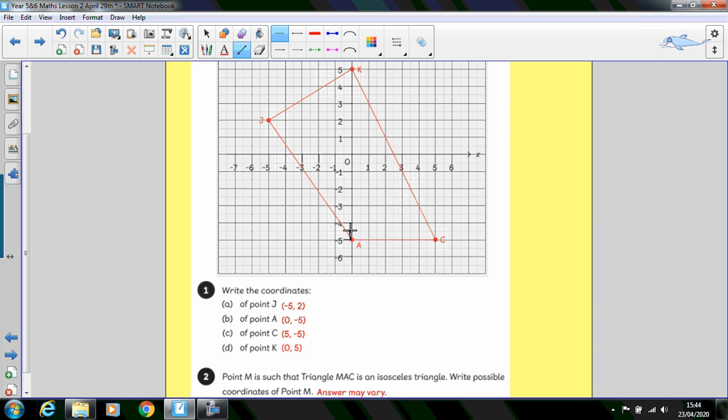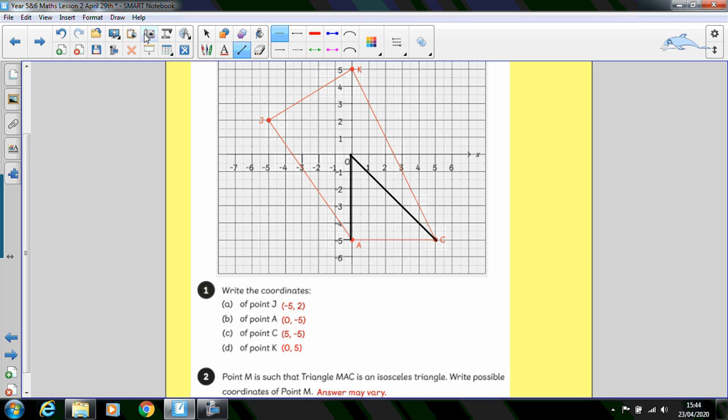So if I went 1, 2, 3, 4, 5, I will now have an isosceles triangle. So I could have one of the answers of M being this point here, being 0, 0, because then that would create the isosceles triangle here, where this side and this one are equal in length.